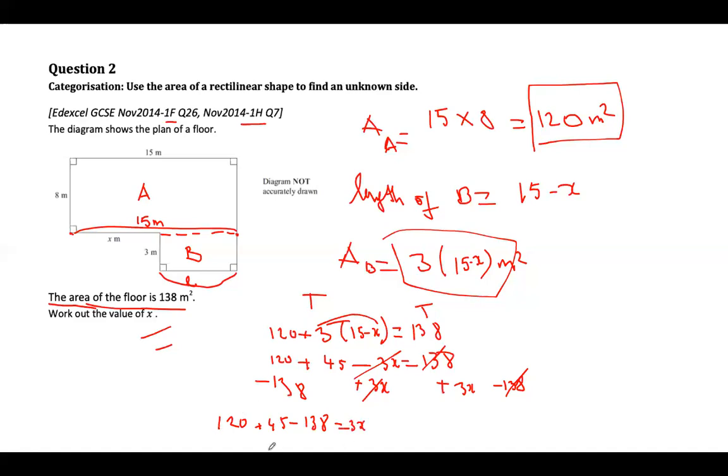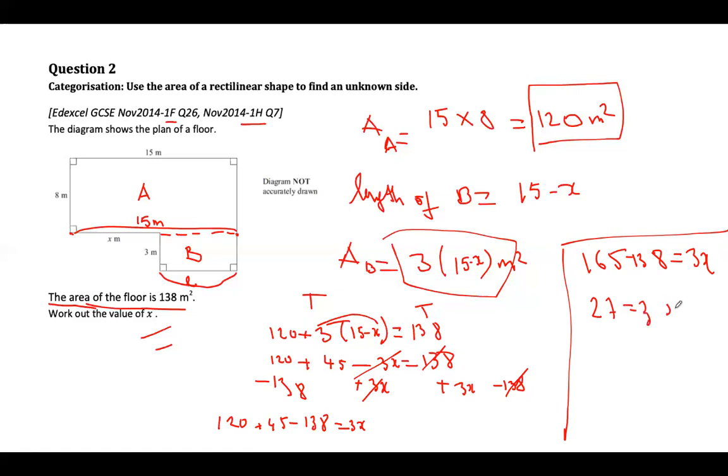Now, 120 plus 45 is 165, so I will continue my solution over here. It's going to be 165 minus 138 equals 3x. 165 take away 138 is going to be 27. 27 equals 3x, right?